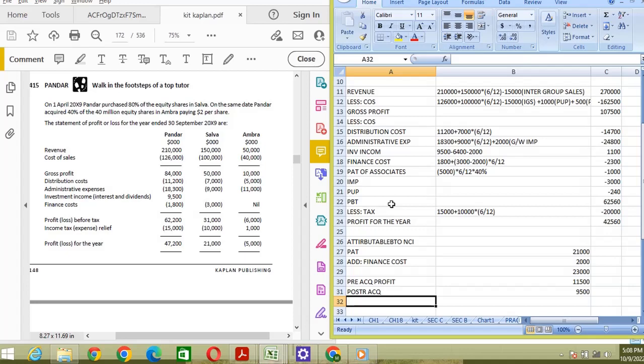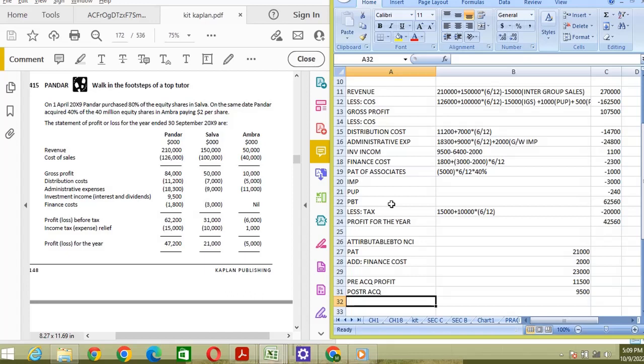You just need to figure out when the loan was made. When the parent invested in the loan of the subsidiary, it was on the date of acquisition. So we will just add back the finance cost because it has been deducted to arrive at the profit for the year. Then we will apportion it on the basis of the pre-acquisition period and post-acquisition period.